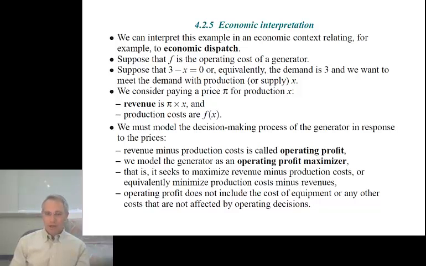Let me emphasize that operating profit includes production costs, but doesn't include the fixed costs of equipment or any other costs that are not affected by operating decisions. So we're just considering the operating costs or production costs that are affected by operating decisions.